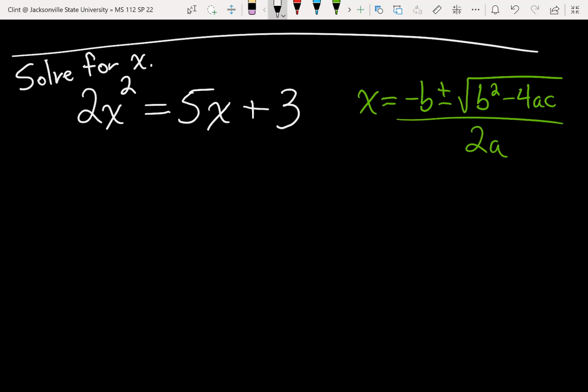Either way you do it, the first thing we have to do is get everything on one side.